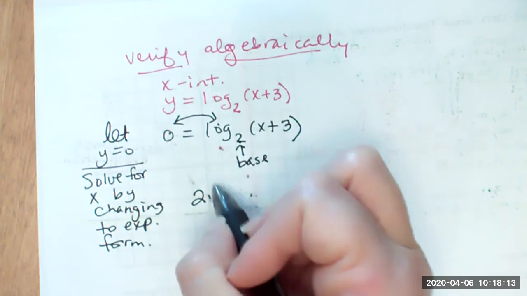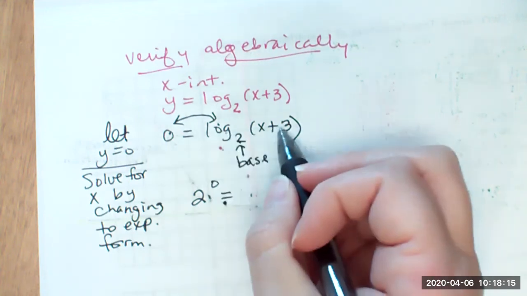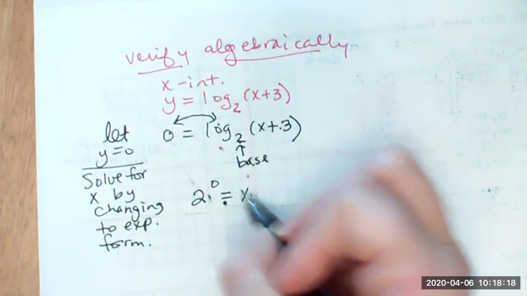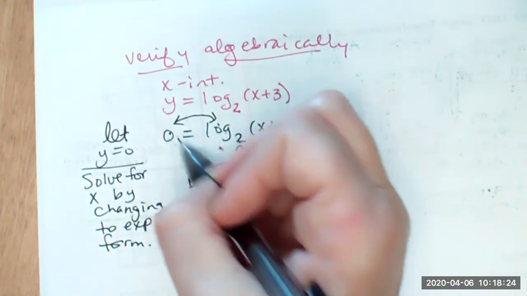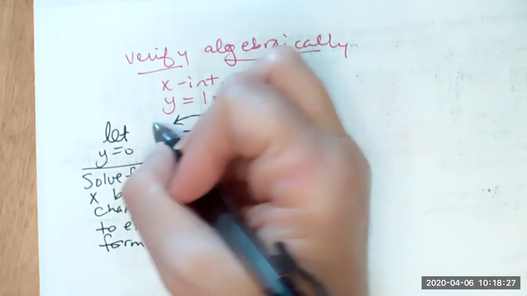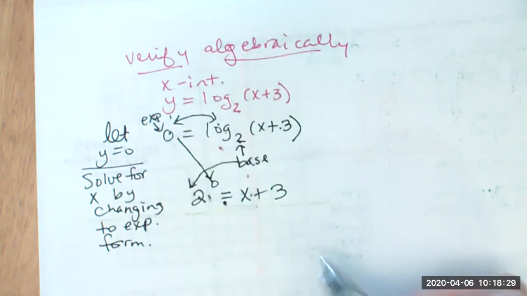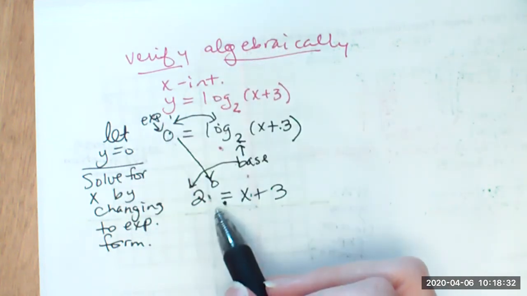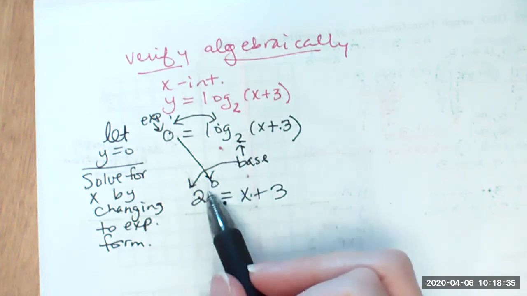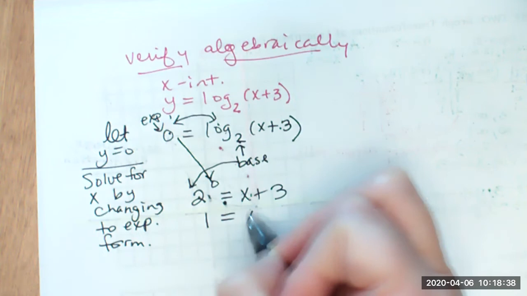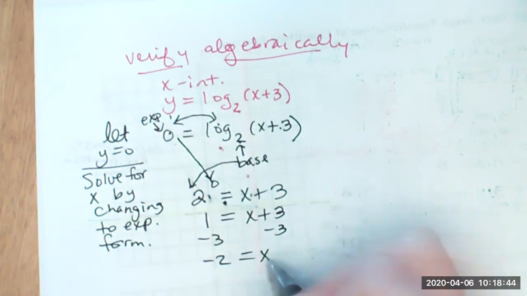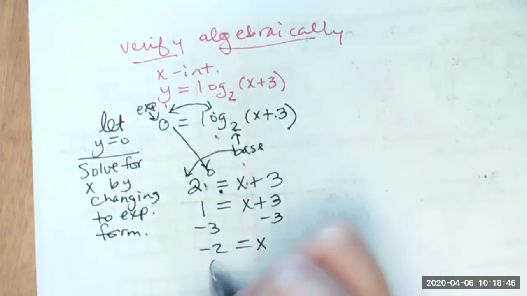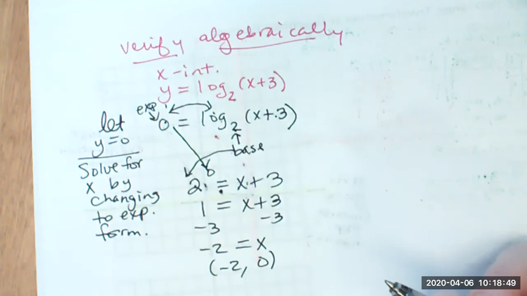The exponent is 0. And the number that we were taking the log of is going to be isolated on the other side of the equation. Okay, so here's your base. Here's your exponent. The log is going to be the exponent, right? And so we can see here, if we do the calculations, 2 to the 0 is 1. 1 is equal to x plus 3, and if I subtract 3, sure enough, I get -2 is equal to x. And if you look at the table and you look at your graph, sure enough, we've got an x-intercept of -2, 0. So I wanted to show you that algebraically we can verify that.